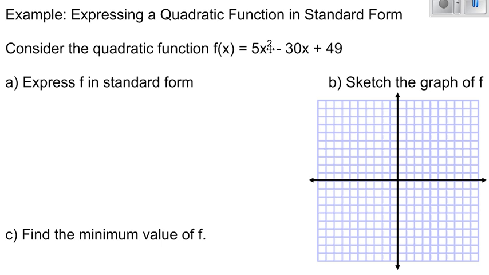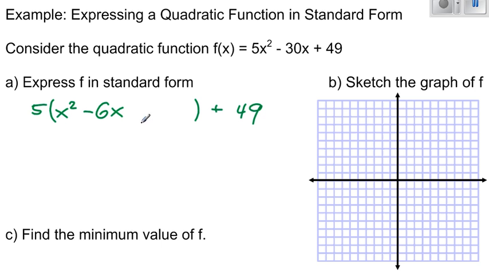So here's another quadratic. Let's first convert to standard form, just like we did by completing the square. So let's do two things at once. Let's factor out the 5 and separate the 49.